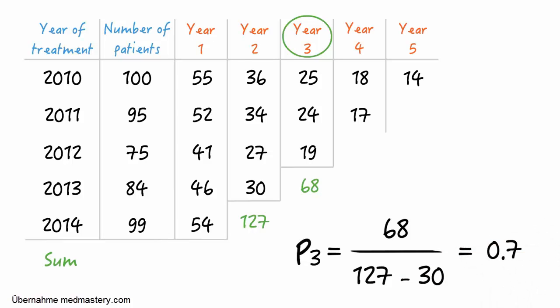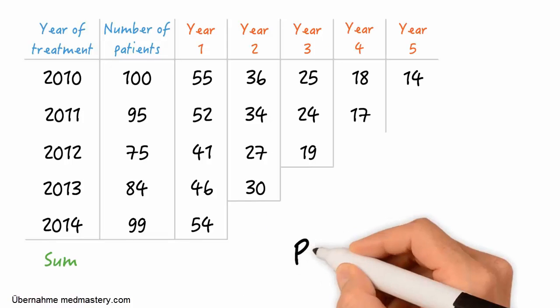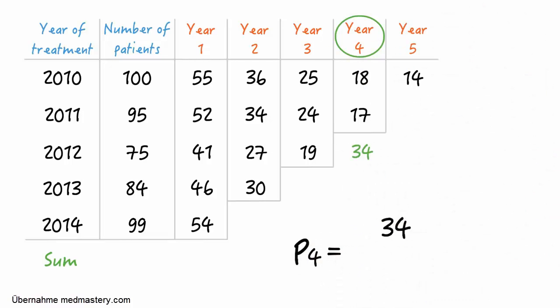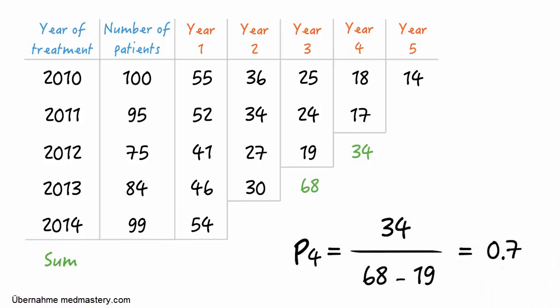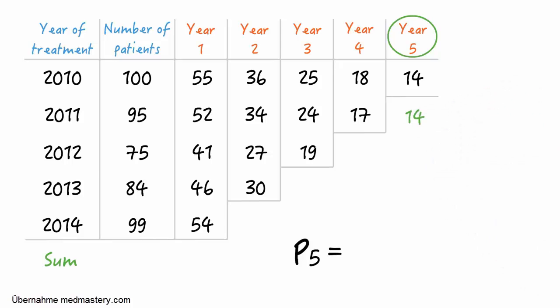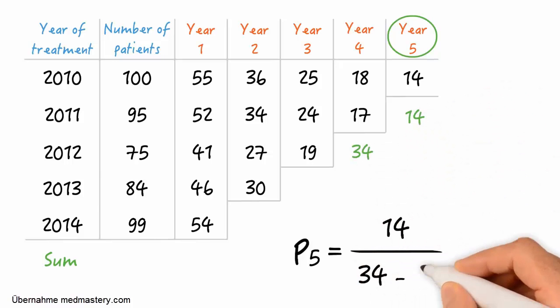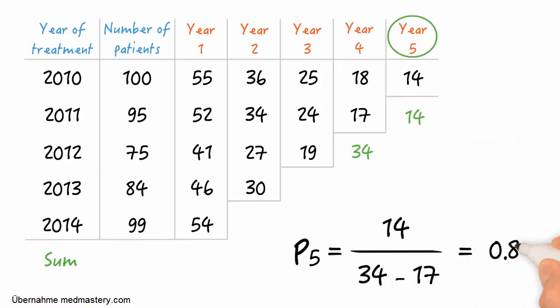So 0.7 or 70% probability of surviving year 3. Year 4 is 34 divided by 68 minus the 19 for whom there was no year 4. So also 0.7 or 70%, and year 5 is 14 divided by 34 minus 17 equaling 0.8 or 80%.